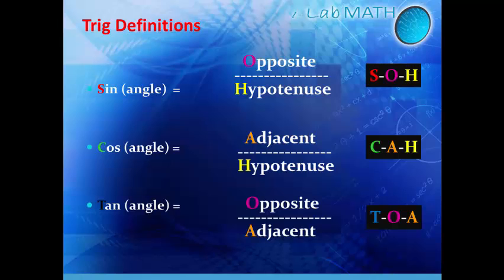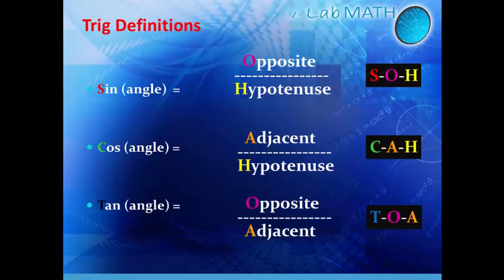SOH: S is for sine, O for opposite side, H for the hypotenuse side. Cosine equals adjacent over hypotenuse. CAH: C is for cosine, A for adjacent, H for hypotenuse.